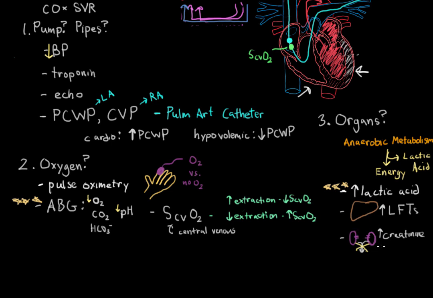And similarly, if you see decreased urine output, that means the kidneys aren't producing urine. So that's a sign that the kidneys have also started to get damaged or shut down. And there's lots of other ways you can assess how the organs are functioning. For example, the brain. If a patient has confusion, then that could be a sign that their brain is starting to lose its oxygen supply.